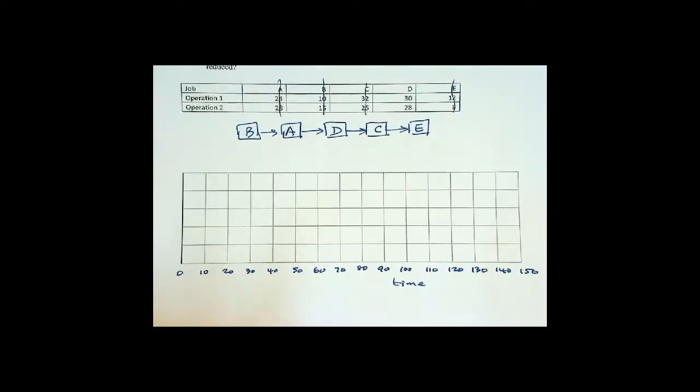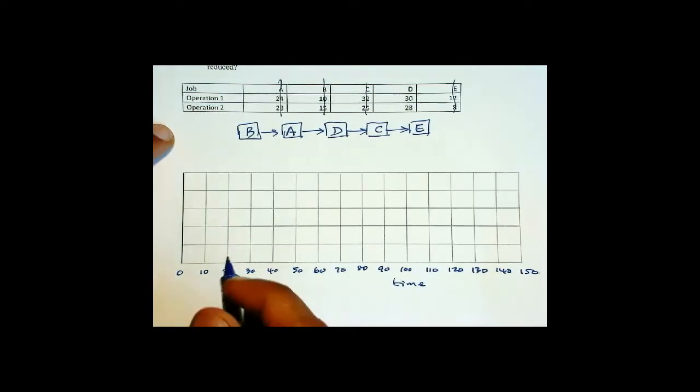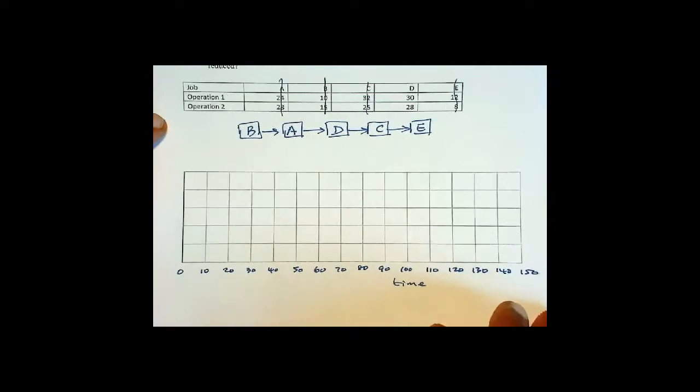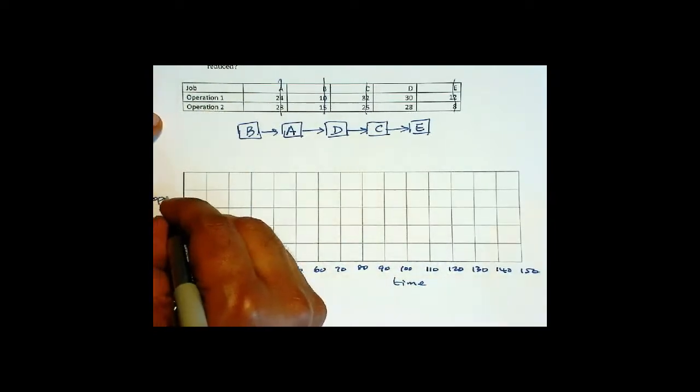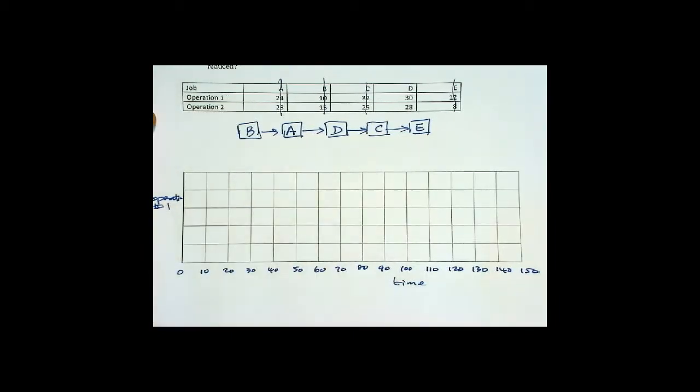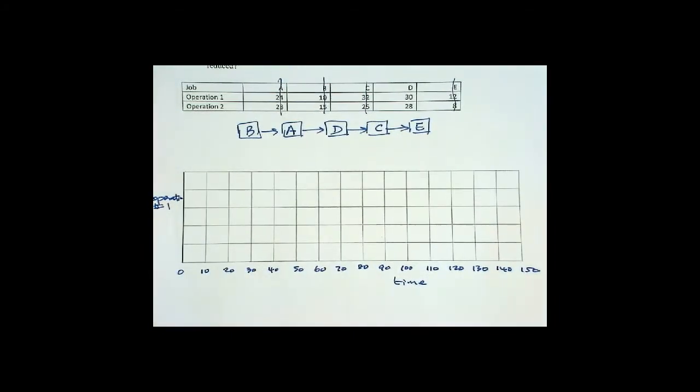Okay, so we'll start with operation 1. This is operation number 1. It's a good idea to use a ruler.